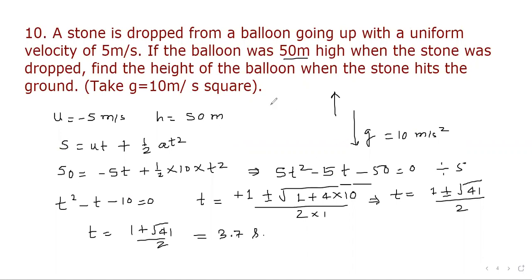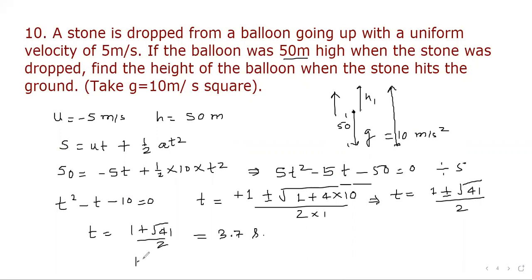Now, in 3.7 seconds, initially the balloon was here, and now the balloon will reach a certain height. Suppose this is h1, and already this height was 50 meters. So we have to find out the height of the balloon from the ground now.